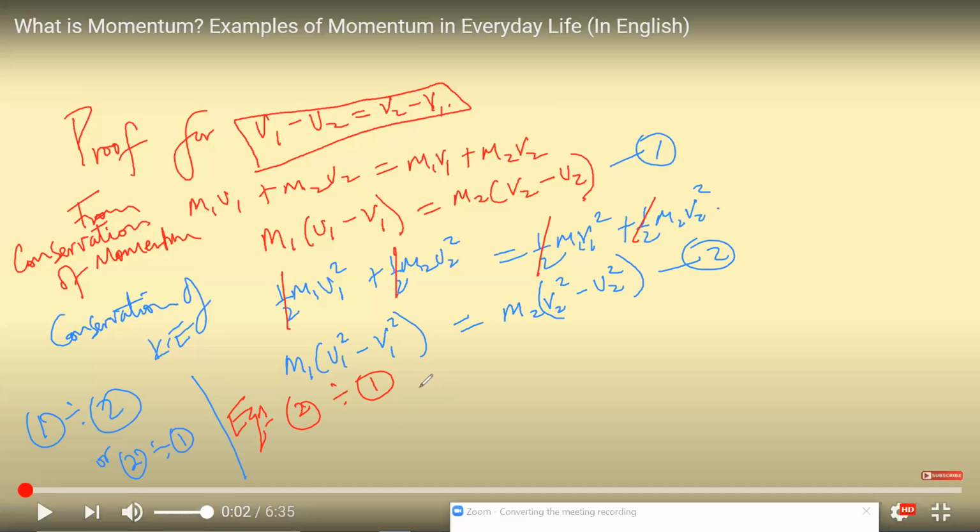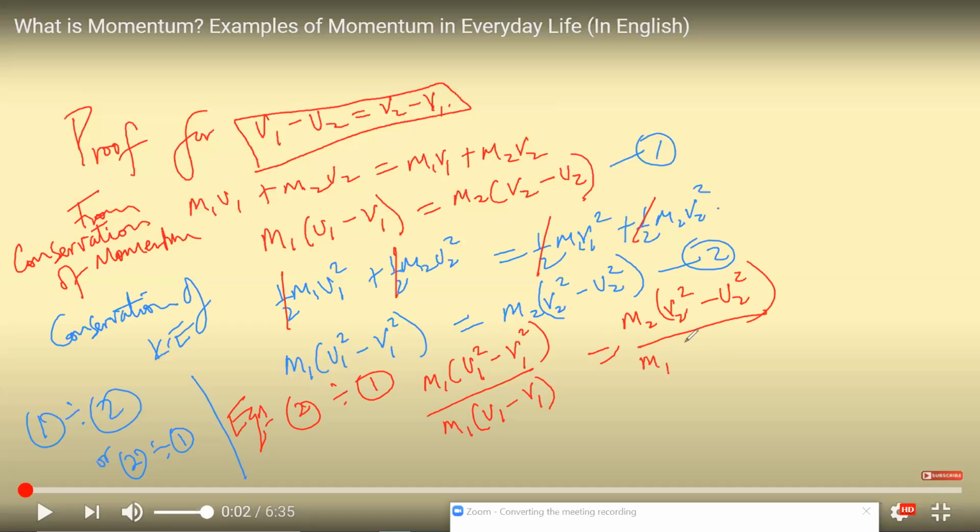Okay, so we shall have m1 into u1 squared minus v1 squared out of m1 into u1 minus v1. This is the same as m2 into v2 squared minus u2 squared divided by m2 into v2 minus u2. You can now guide me from here.